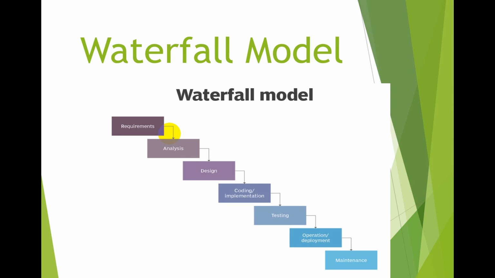When you go to the second phase, you cannot come back to the first phase. Likewise, it will go from first to second, second to third, third to fourth, till the last. In between, if any work comes up in a previous phase, that is not acceptable. So this is the waterfall model definition, or exactly the waterfall model.